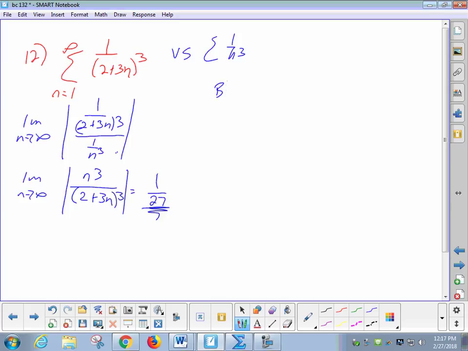So you'd say because that limit of 1/27 is finite, not zero, both converge or both diverge. I'm abbreviating. That is acceptable on the AP test, converge and diverge, although if I were doing this for the president, I would do a better job, okay?